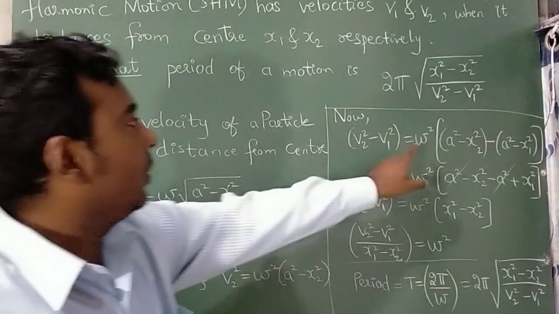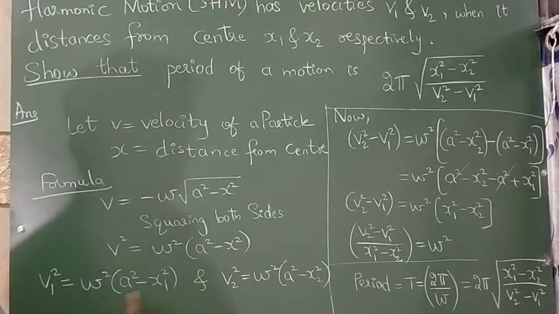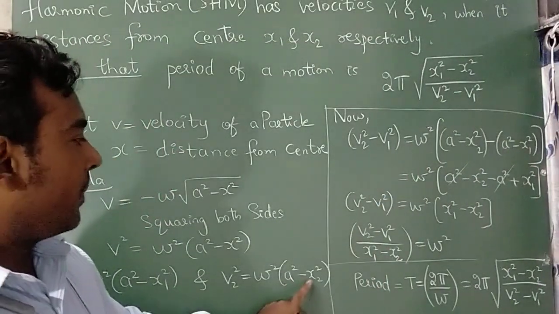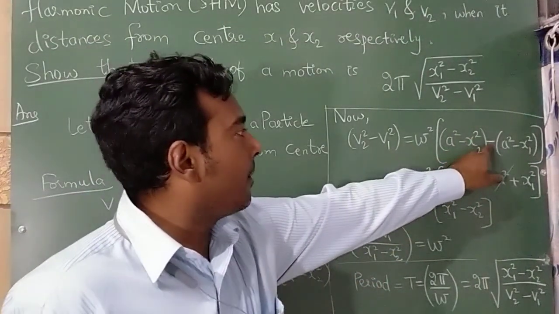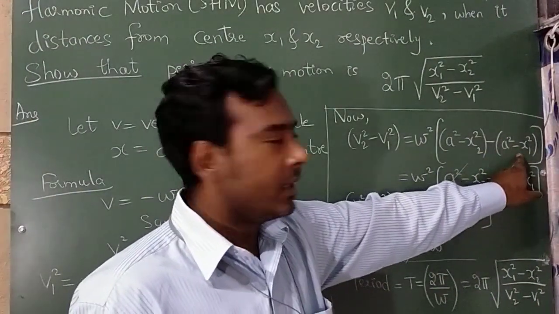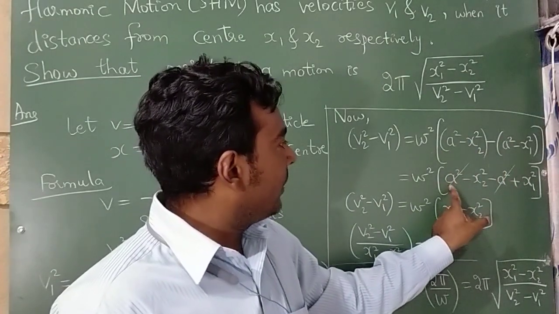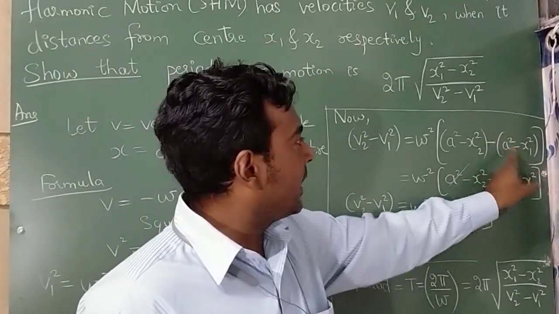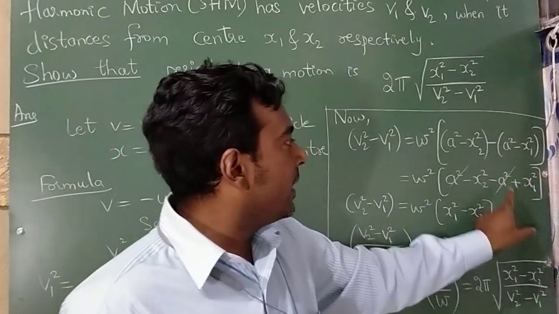Now in these two you can see omega square is common. So omega square into a square minus x2 square minus a square minus x1 square. Now take out the bracket, so it will become a square minus x2 square minus a square, minus into minus will become plus x1 square.